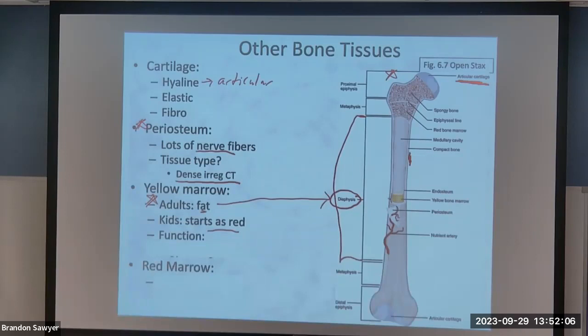But eventually, once we have our supply of blood cells, that tissue just turns into lipid, for energy storage. Red marrow is what makes our red blood cells. We'll come back to these terms, diaphysis and epiphysis, in a sec on another slide.